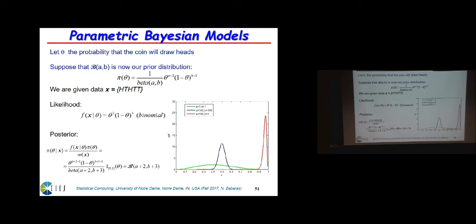Okay, it's basically the same example. The only difference from the previous example is my prior for theta is not uniform, but is a beta distribution.